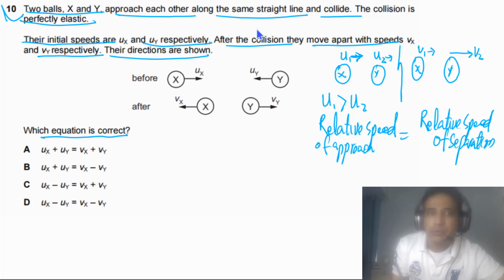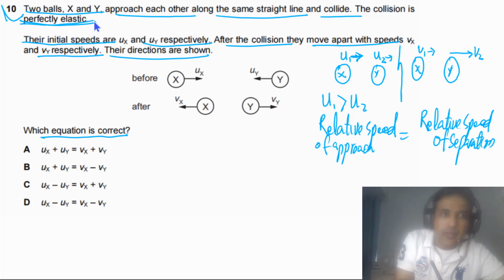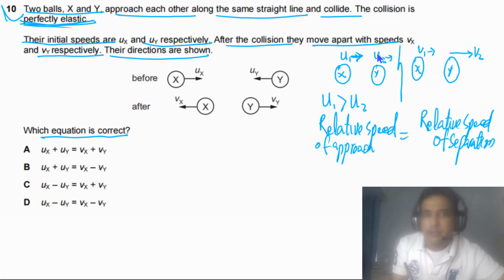This is only true if the collision is perfectly elastic. So for this one, the relative speed of approach is u1 minus u2. In this case, we are taking to the right as positive, and for this part, the relative speed of separation will be equal to v2 minus v1.